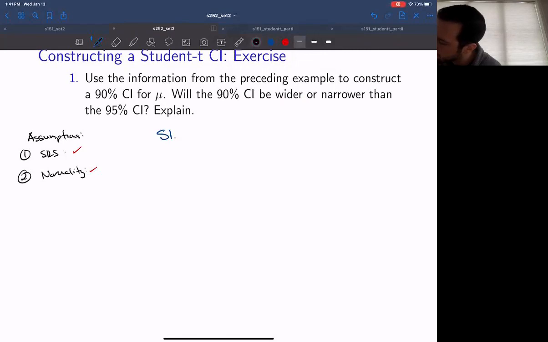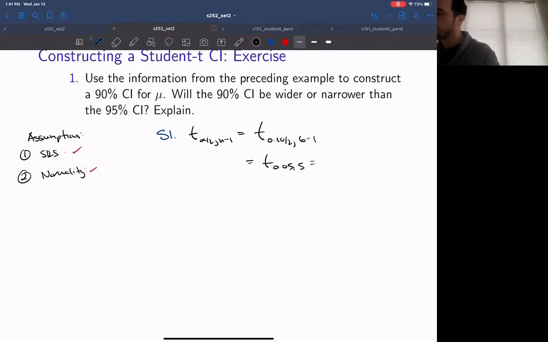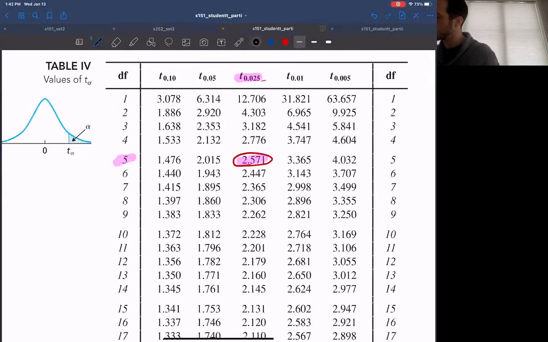So on step 1, we have a t-value on alpha over 2 comma n minus 1. This will be a t-value on 0.10 over 2 comma 6 minus 1. This will be a t-value on 0.05 and 5. So if we go to page 1 of our student t-table, we are matching 5 to 0.05 to get 2.015. So the t-value for the 90% interval that we are working on will be 2.015.